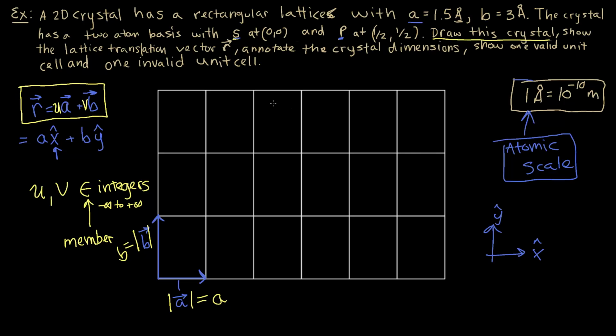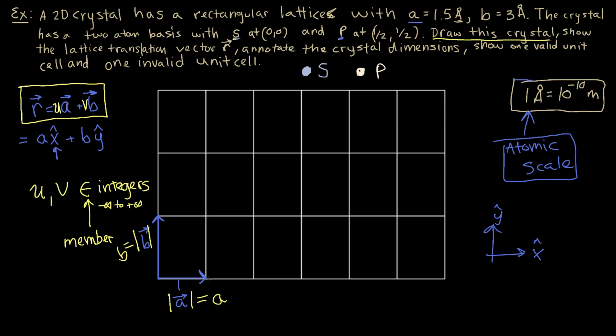At this point, I think we should draw the rest of the crystal. So I will use this color for the S atoms, and I will use this color for the P atoms. The S atoms are at 0, 0.